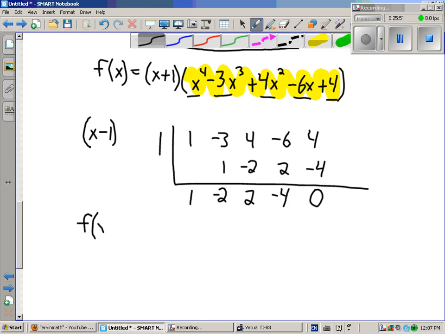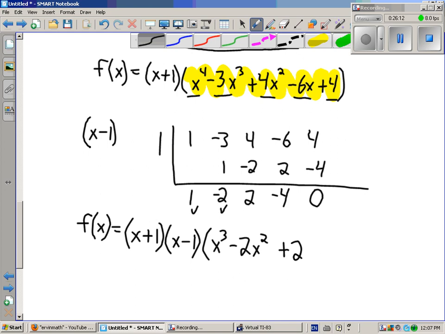So now we've got f of x is equal to x plus 1, that's the byte we already took out, x minus 1, that's the byte we just took out, and what's left is now a cubic. X cubed minus 2x squared plus 2x minus 4.